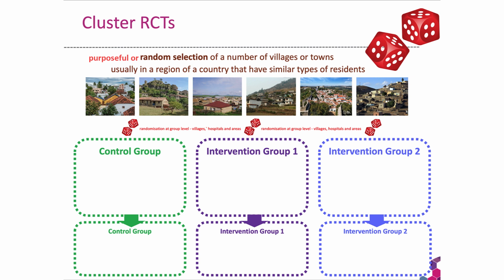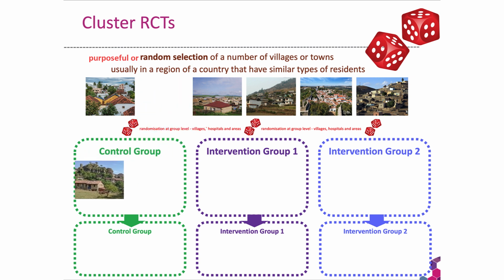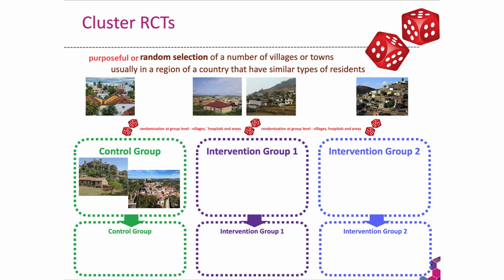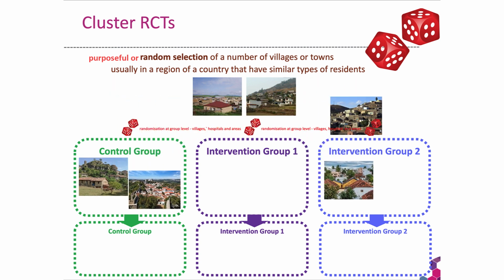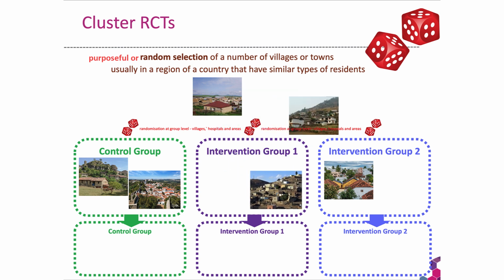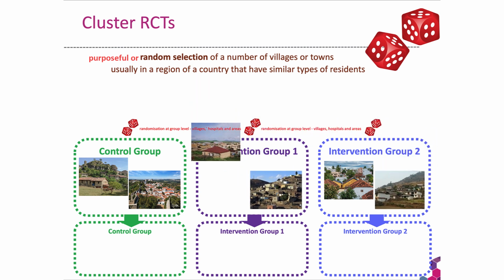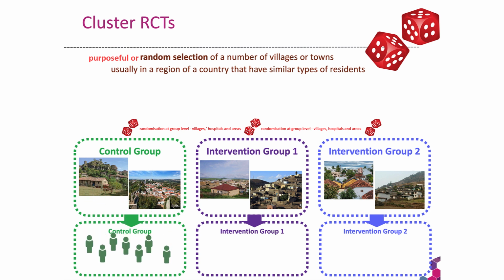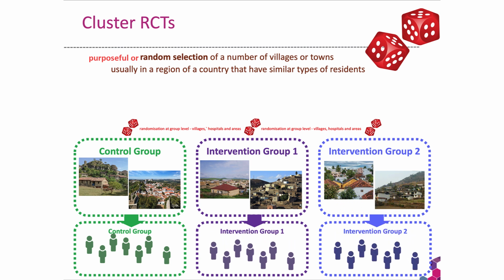So we're going to randomize the villages in this case, or hospitals, or areas, or neighborhoods, to the control group, the intervention group 1, or the intervention group 2. Then participants from the control group villages and the intervention group 1 villages and the intervention group 2 villages are then studied.